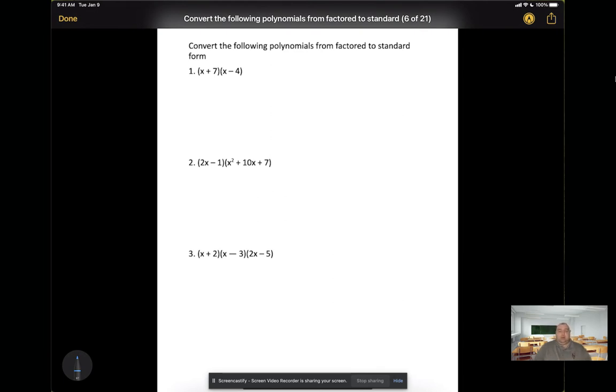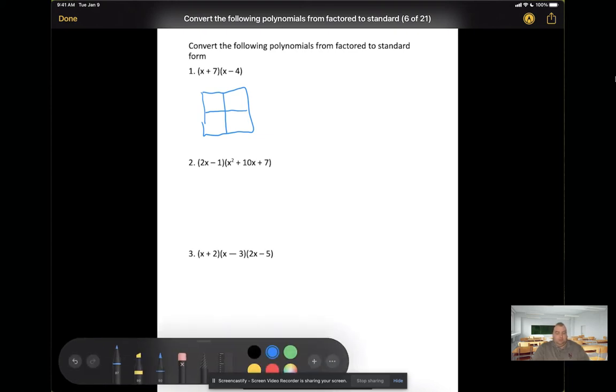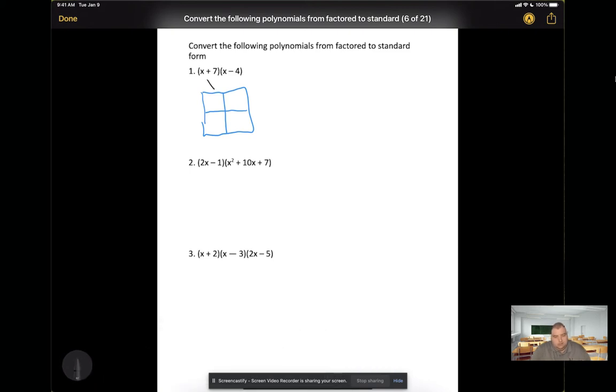So on number 1, I notice I have two binomials, right? I have two polynomials that have two terms each. So two binomials. I'm going to create a 2 by 2 box, and I'm going to put one polynomial up top and one polynomial down the side.